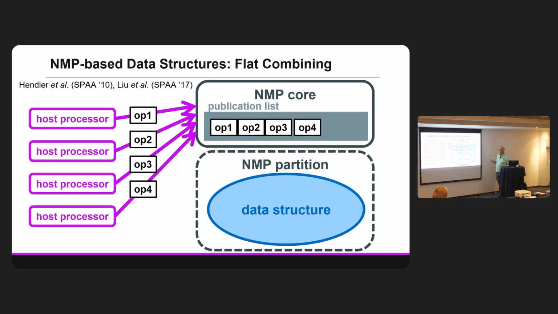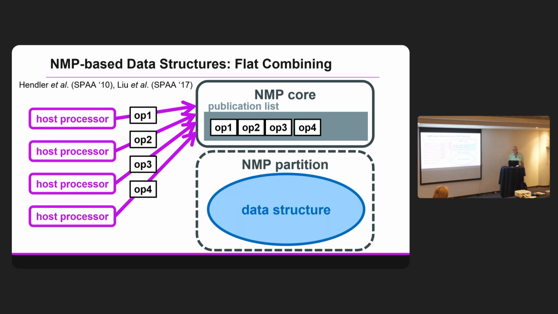And these get to be lined up in something called the publication list. The NMP core, which is only one thread, will go through and execute these as it sees fit. It can do reordering, combining, and so on. We don't really do any of that stuff, but we could. And then when the NMP is finished with the data structure, it writes the result back into the control register.